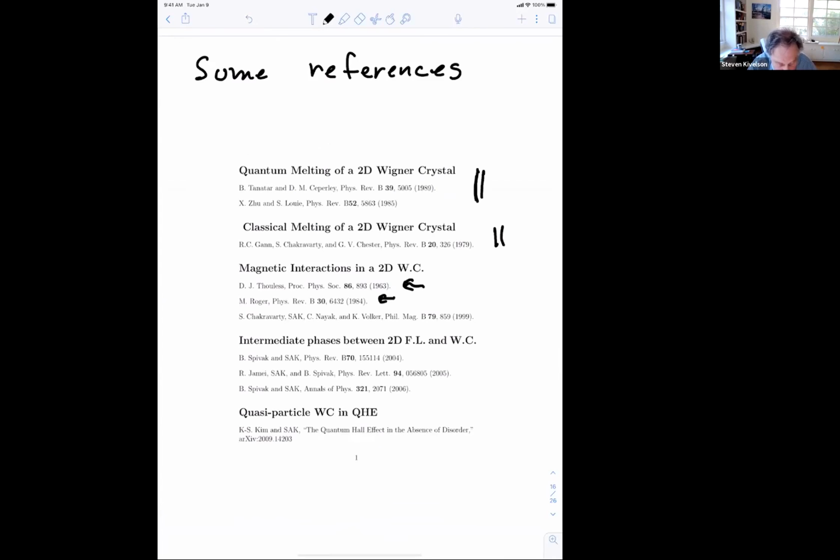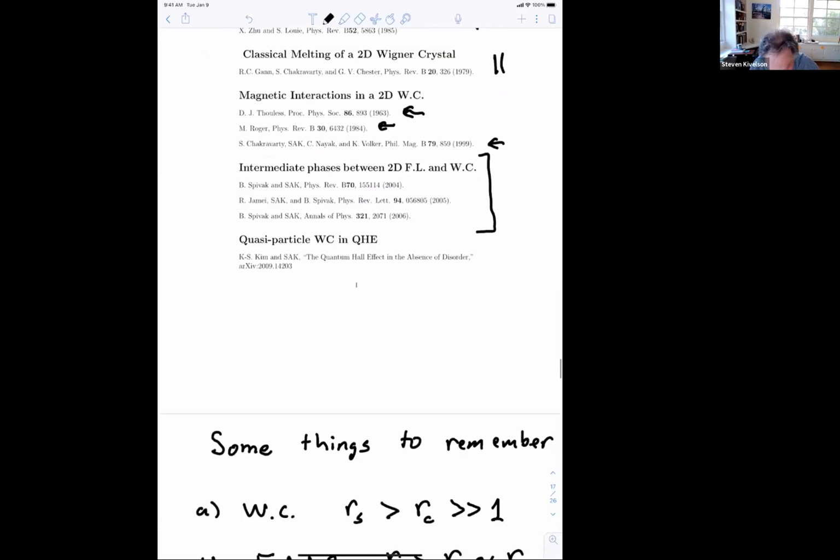Here's an earlier semi-classical calculation of the multi-particle exchanges in the Wigner crystal. This is the paper from which the numbers that I cited came. And here are the various papers on the non-existence of a direct transition and the existence of microemulsion phases.